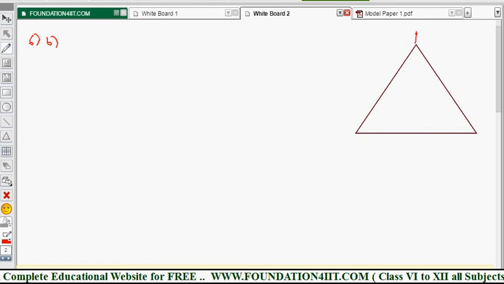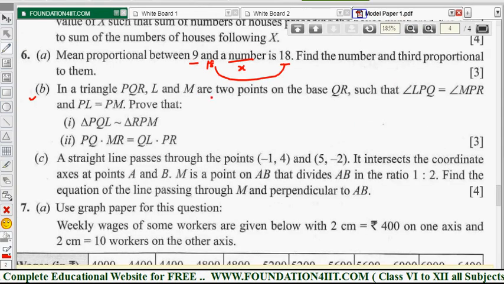Triangle PQR, and L and M are 2 points on the base QR, and PL is equal to PM.